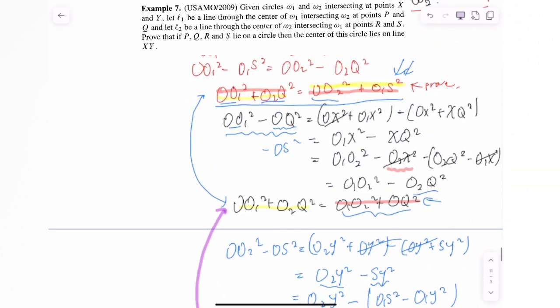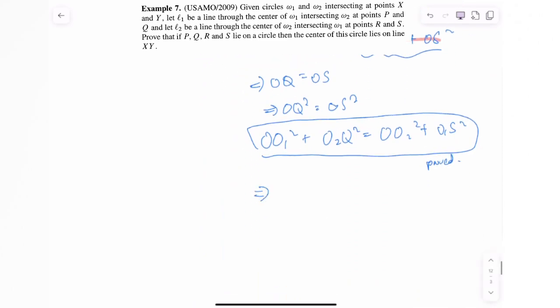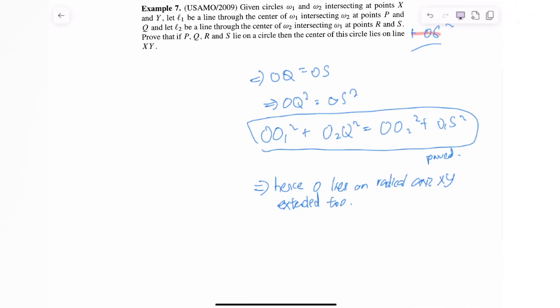So we proved it. Hence O lies on radical axis xy extended, true, and we're done. So that's all.